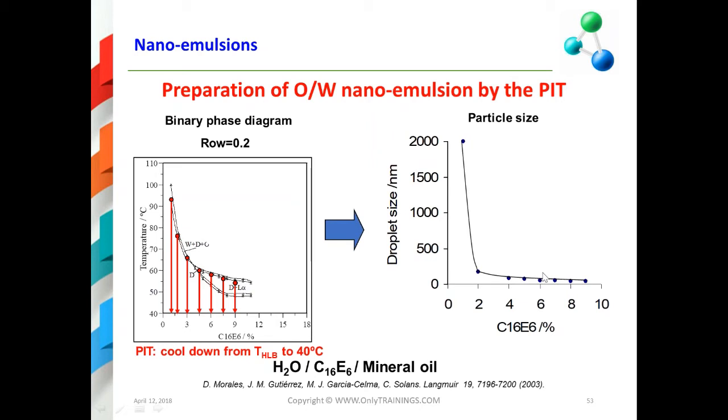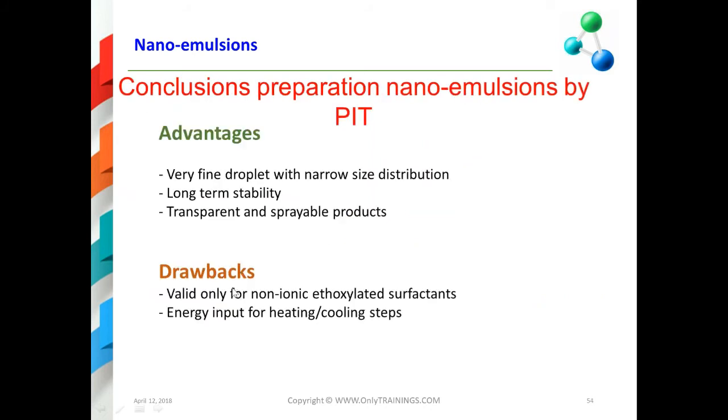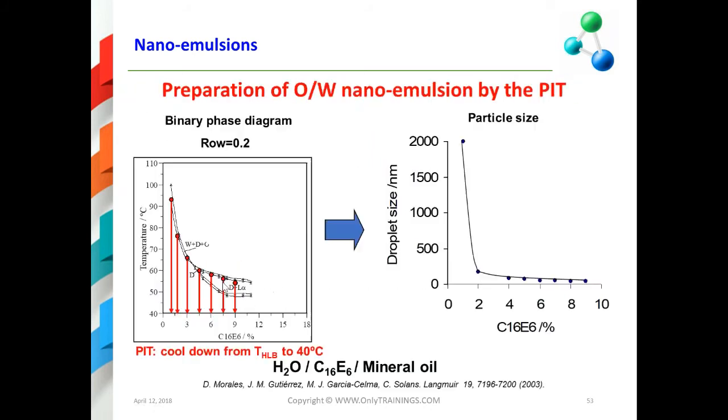Furthermore, the size and polydispersity of the final emulsion is lower when the distance in terms of temperature is smaller from the temperature at the HLB. We can see that here in the case of the microemulsion, the distance in temperature that we have to cool down is smaller than in the case of the multiphasic regions.